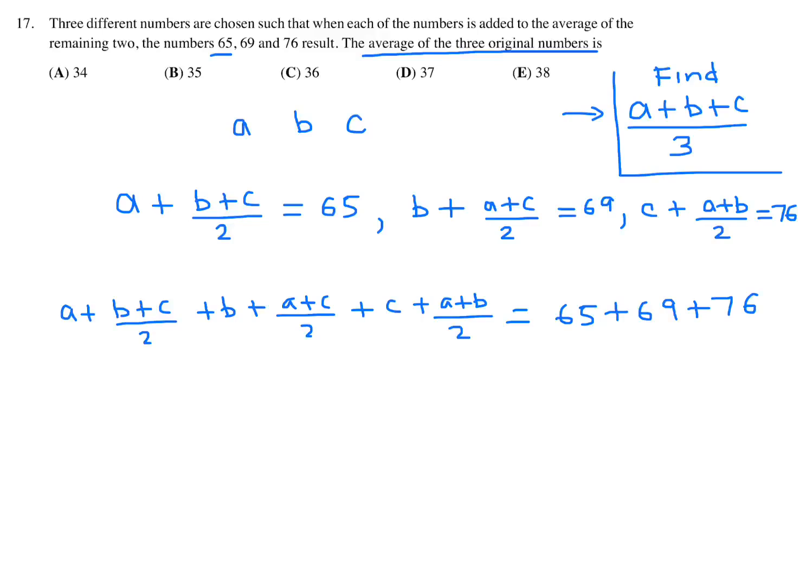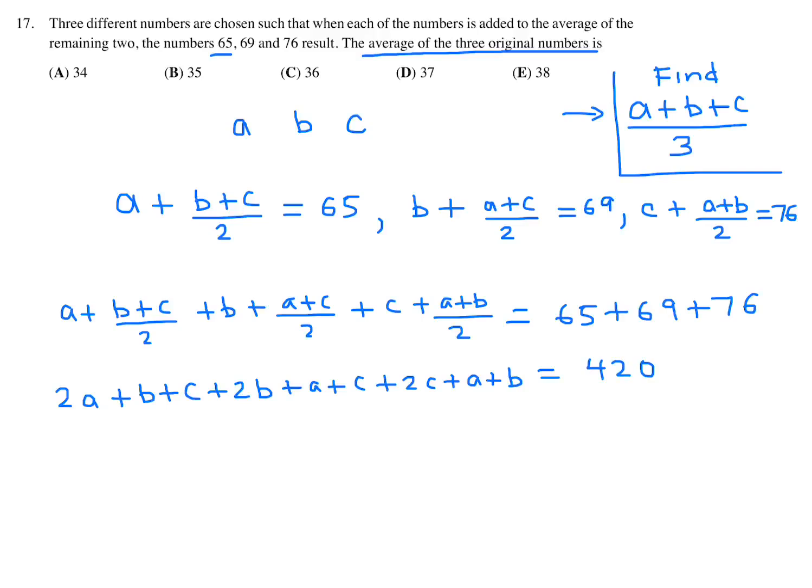Multiply through by 2, get rid of these fractions. So we get 2A plus B plus C plus 2B plus A plus C plus 2C plus A plus B. 65 plus 69 plus 76 is 210. So if I'm multiplying through by 2, that'll be 210 times 2, which is 420.